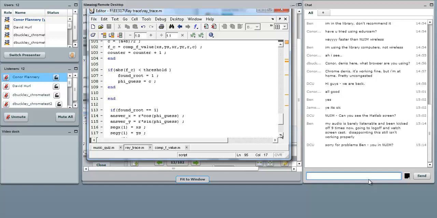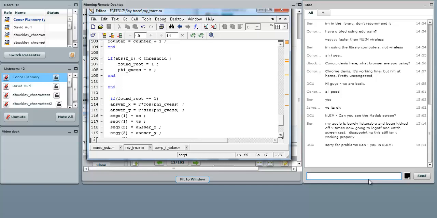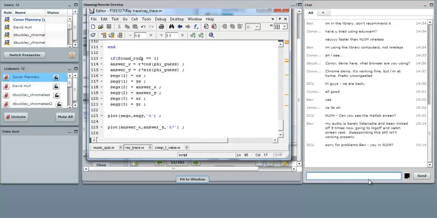What do we do? We display it on screen. If found root was equal to 1, we get the coordinates on the semicircle of our root, of our reflection point. So answer x is r times cosine of our phi guess, which is where we found the root. Answer y is equal to r times sine of that. Okay?